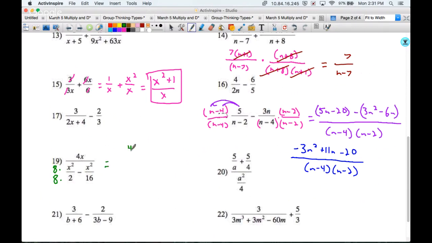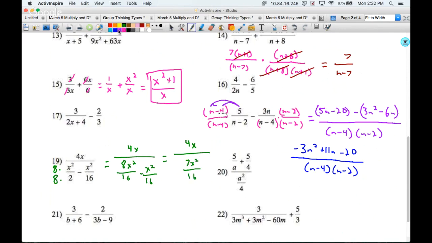So now I've got 4x over 8x squared over 16 minus x squared over 16. This here is going to become 4x over, and it's very important to keep track of which fraction sign is bigger. So this is 4x being divided by the quantity 7x squared over 16.